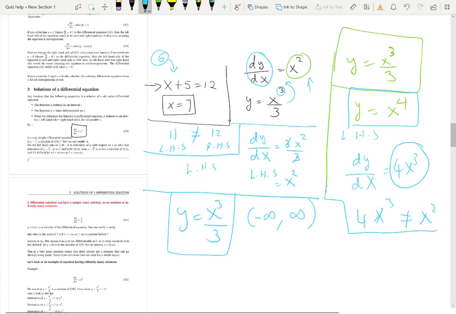So is x cubed over 3 continuous in the interval negative infinity to infinity? Yes. So then that's it. That is how you express a solution for a differential equation. It should satisfy the differential equation and you should give an interval where the function is continuous.